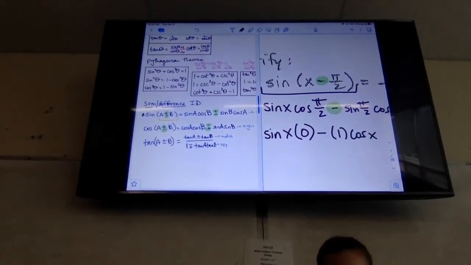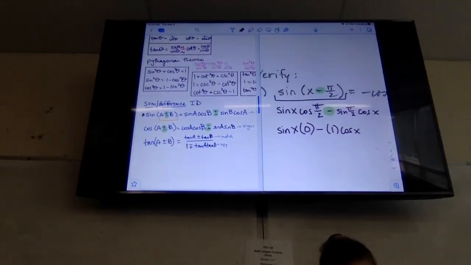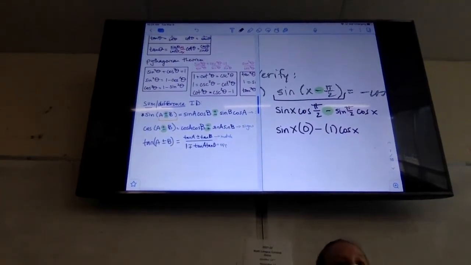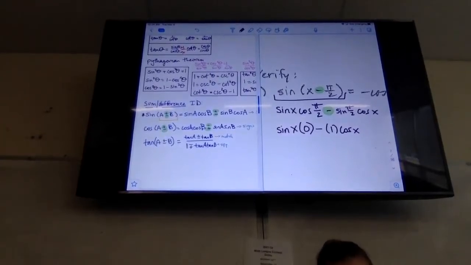Cosine of x. That's helpful because now I've got numbers involved. Sine of x times 0, well, that's just 0. And minus 1 times cosine is just cosine, so I've got minus cosine.